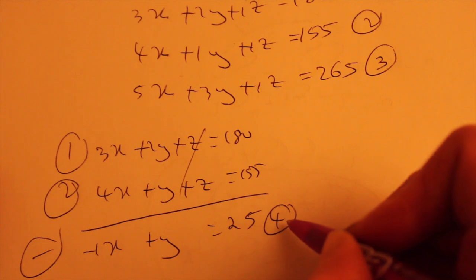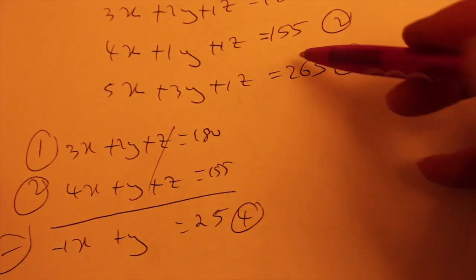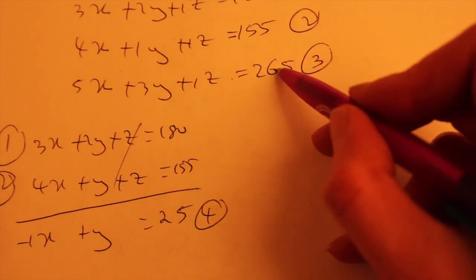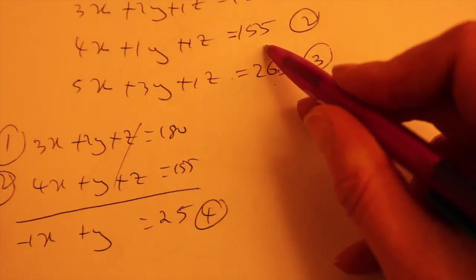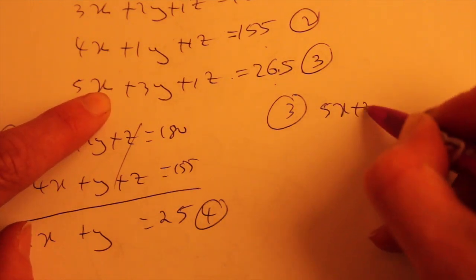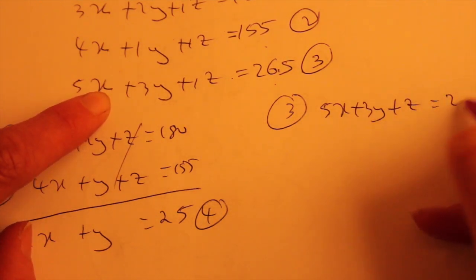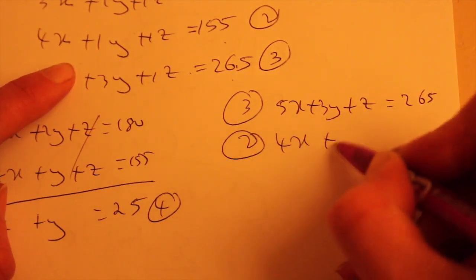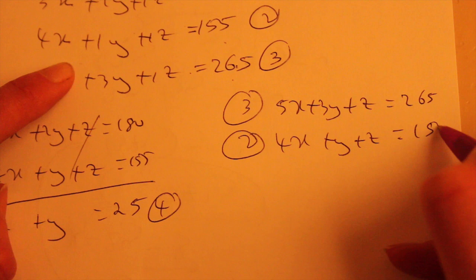Call that equation 4. And you've got to do the other pair. Any other pair is fine. We'll just go for 2 and 3. But because 3's got a bigger number, I'm going to put it on top. So 3 is 5x add 3y add z equals 265. Equation 2 is 4x add y add z equals 155.